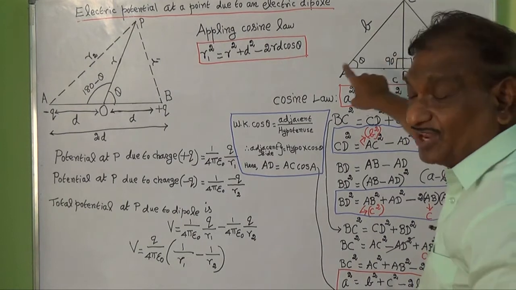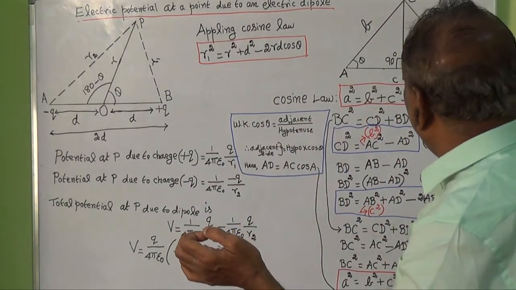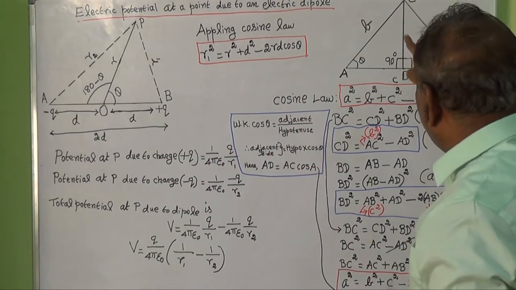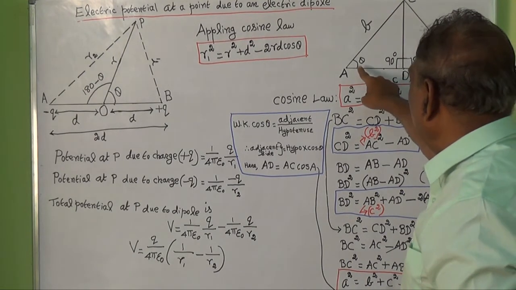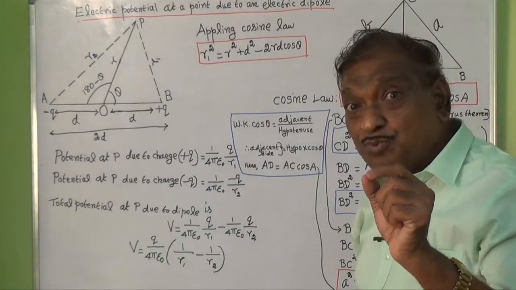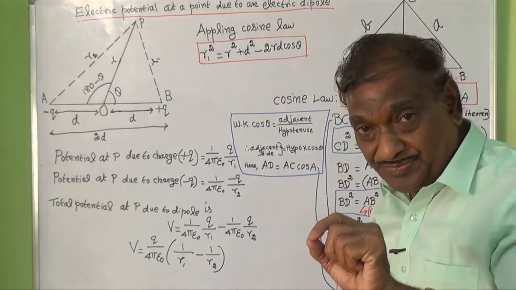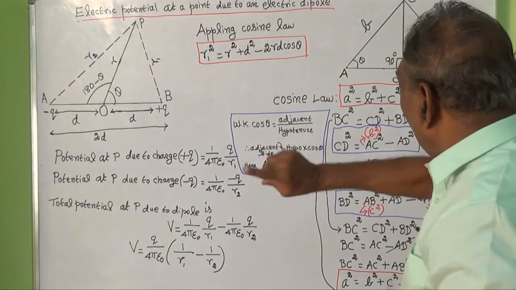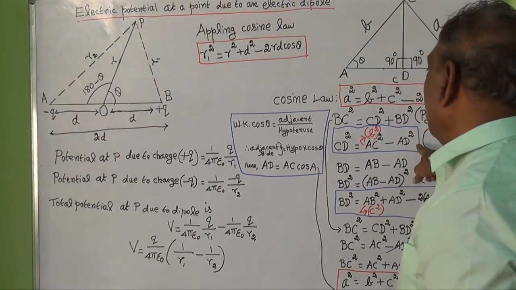How can we write CD square as AC square minus AD square? If we consider the left side right angled triangle ADC, the CD represents the opposite side because theta is here. So as per the Pythagoras theorem, the opposite side square equal to hypotenuse square minus adjacent side square.